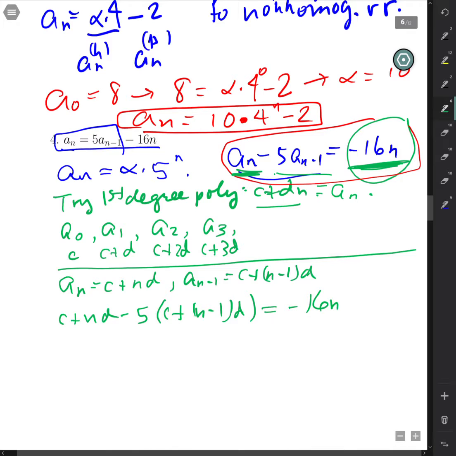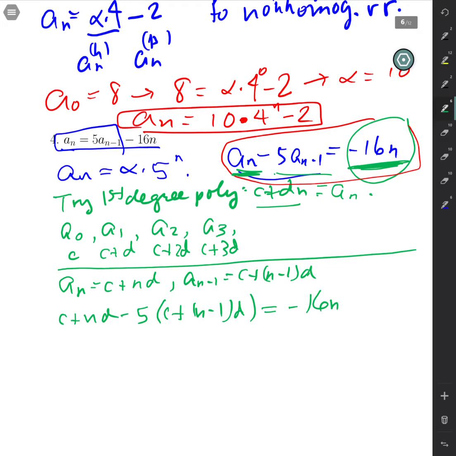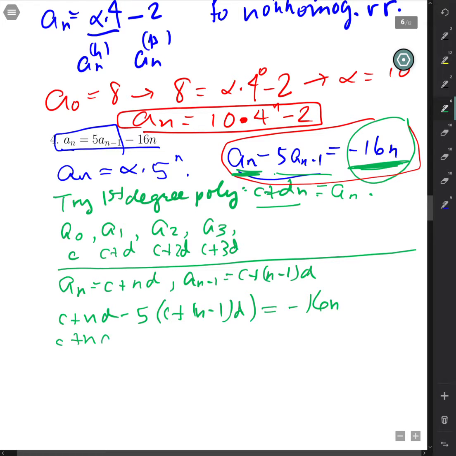Then we'll combine terms and compare common powers of n. So this is c plus nd minus 5c minus 5nd, and then there's also a minus 5 times minus 1d, so that's a plus 5d, is equal to minus 16n.